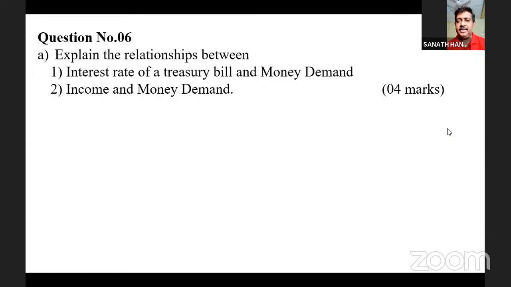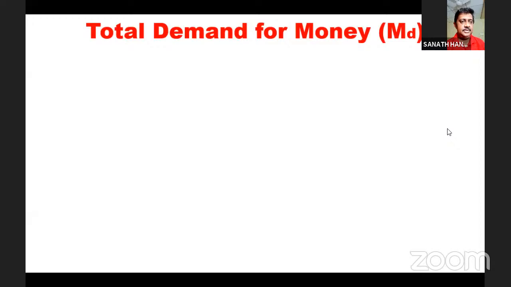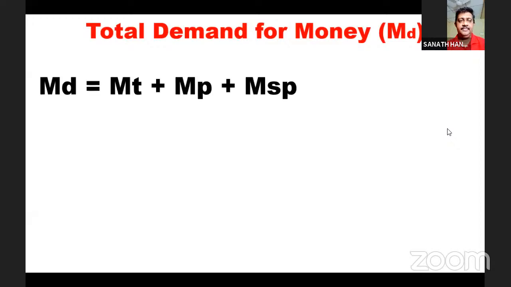We know that money demand has 3 components. People demand money basically for 3 purposes: transaction demand for money, precautionary demand for money, and speculative demand for money. MT means transaction demand, MP means precautionary demand, and MSP means speculative demand.